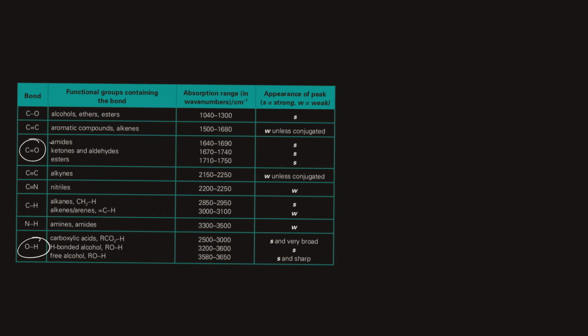Amides aren't exactly in the syllabus of A1, so we don't have to worry about them too much. And for the OH, it's a very characteristic curve which we end up getting, so it's very easy to recognize rather than looking at the values. I'll tell you what I mean in a bit, but let's take a look at this column right here.